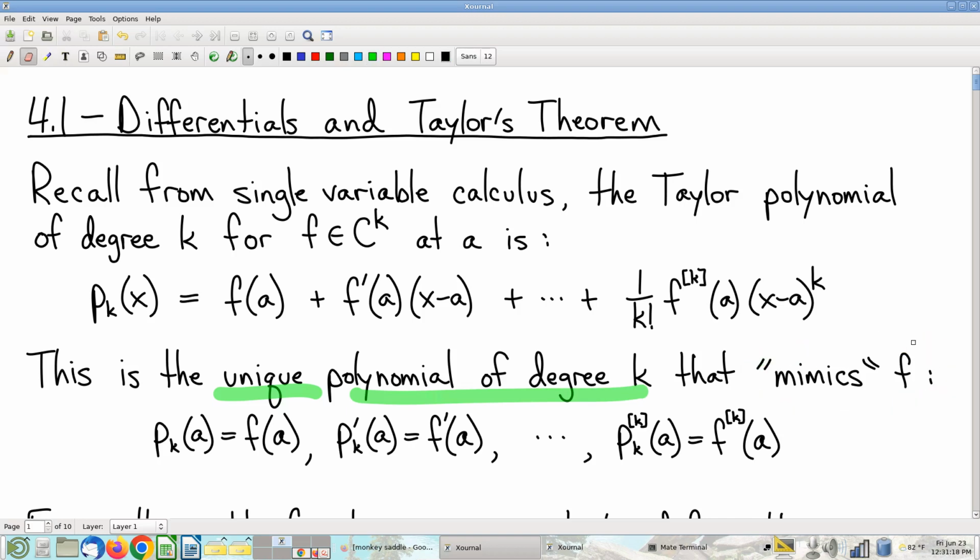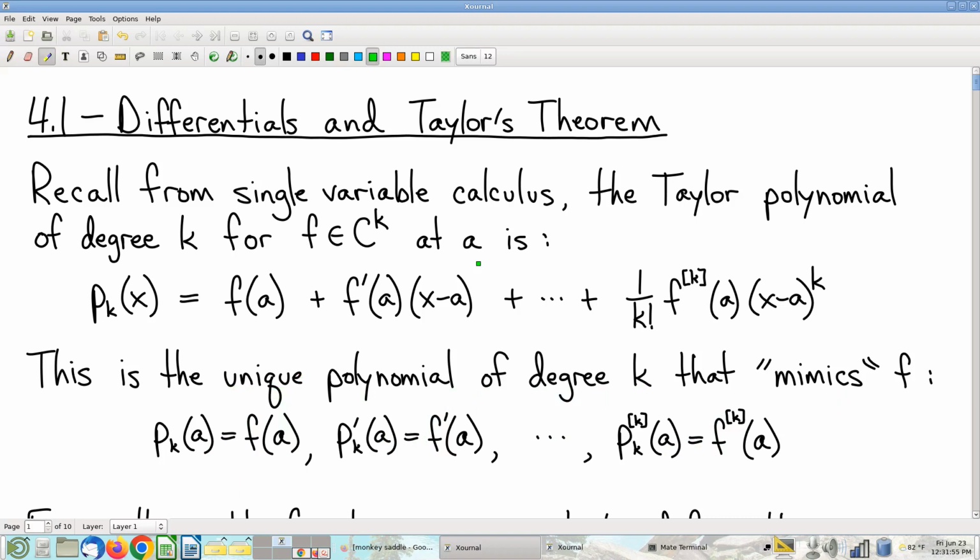What I mean is it agrees with f in value, in derivative, in second derivative, third derivative, fourth derivative, etc., all the way up to and including the kth derivative at the point A. So this is what I mean by mimics. It's copycatting. At the point A, it's doing everything that a copycat of f possibly could. So there is always going to be exactly one polynomial of degree k that satisfies these constraints.